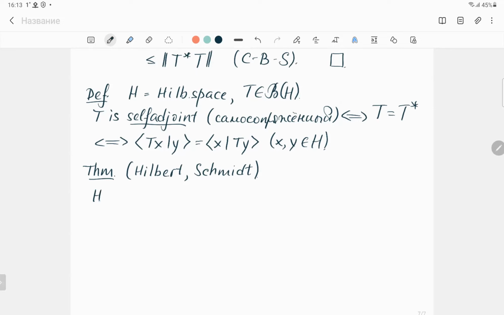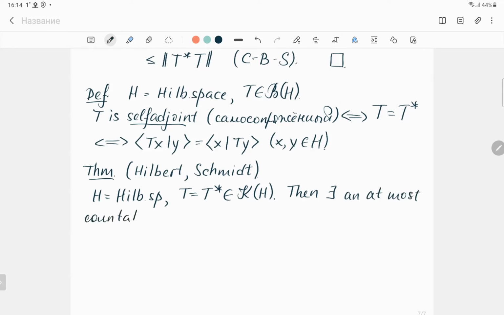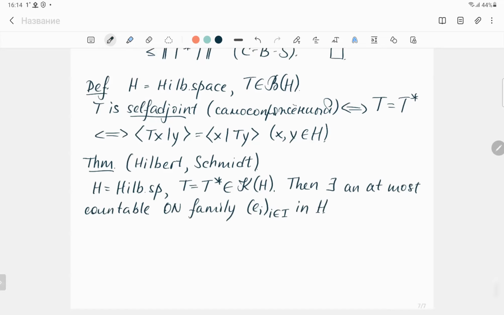So suppose that H is a Hilbert space, and T is a compact self-adjoint operator on H. Then there exists an at most countable orthonormal family e_i in H. So it is at most countable.